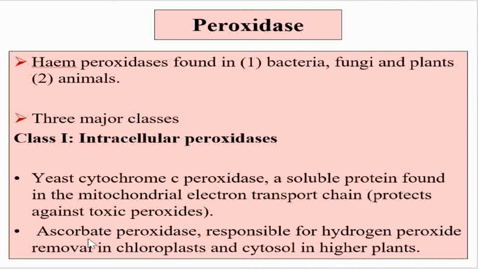Another intracellular peroxidase is ascorbate peroxidase, which removes hydrogen peroxide in chloroplasts and cytosols in higher plants. So this is the class that protects tissues from the toxicity of peroxides.